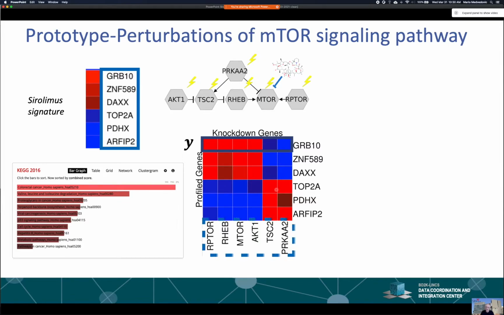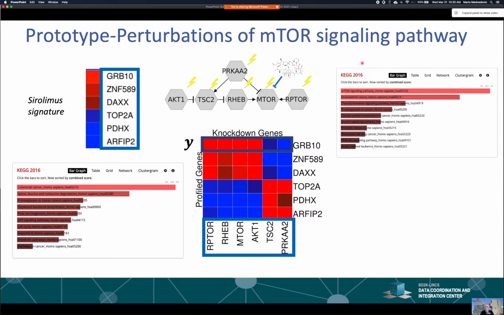So if we now, instead of looking at enrichment of the differentially expressed genes, look at the enrichment of genes with the high correlations of their knockdown signatures to our original signatures, and run the same enrichment analysis, but now on these genes, we immediately pick up mTOR signaling as the most enriched pathway, or most affected by this treatment.